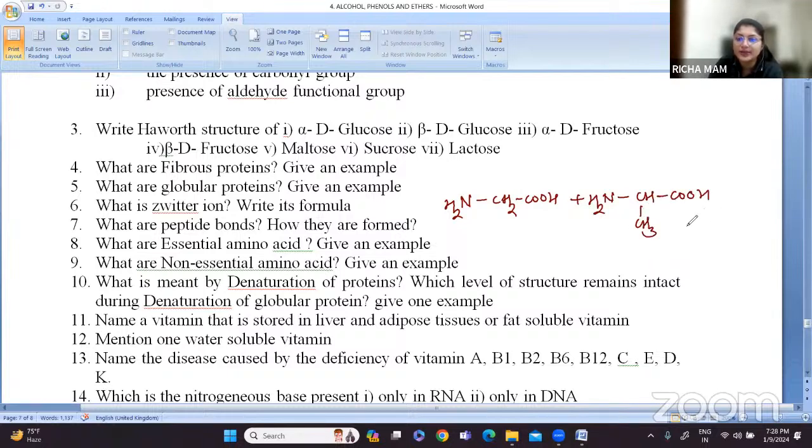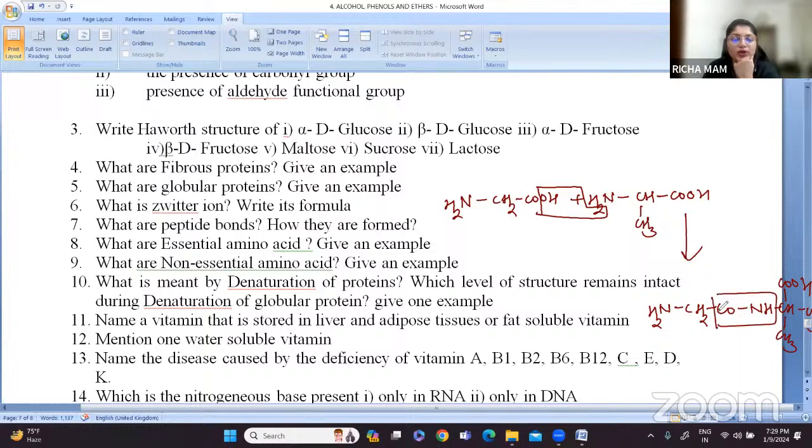There will be this condensation, with water molecule loss, one hydrogen is lost. This will form NH2, CH2, CO, NH, CH, then COOH, and CH3. So this is the amide linkage.